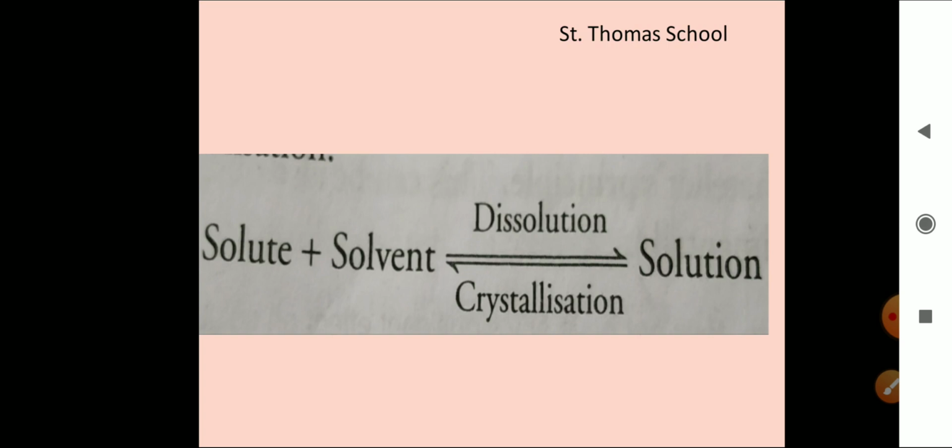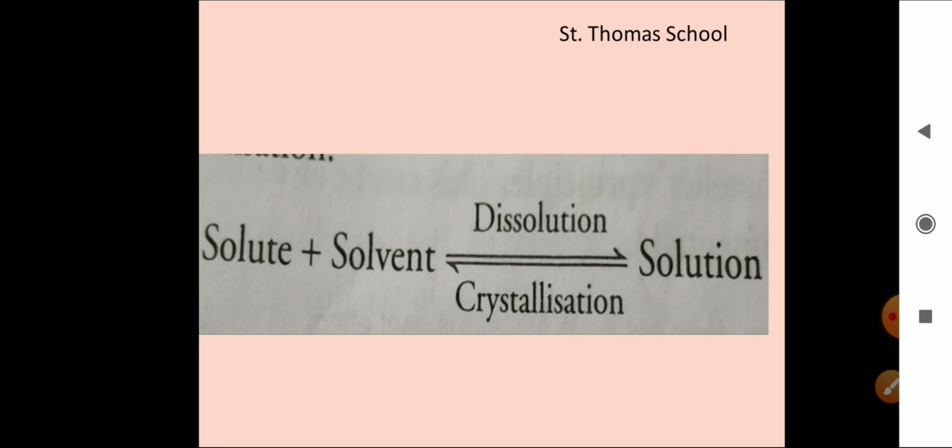Okay? At equilibrium what happens, no more solute can be dissolved. Hence, saturated solution is obtained at the given conditions of what? What was the condition? Temperature and pressure. So, thus the concentration of solute in such a solution is its solubility. Okay, till here we have seen, right?